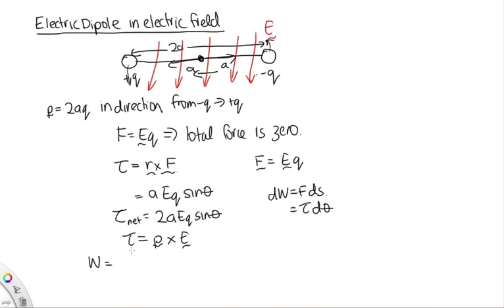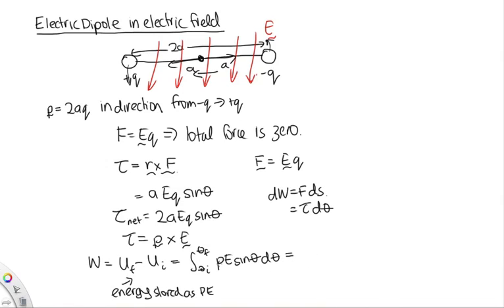So it's going to result in a change in the potential energy of that dipole. So UF minus UI, the change in potential, will be equal to the integral from the initial angle to the final angle of the torque, which is here. We can write it as PE sine theta to get rid of that cross product, and then d theta.